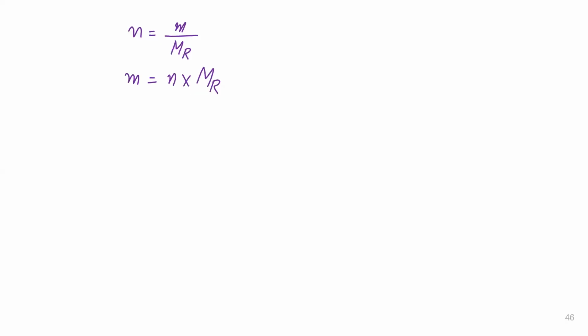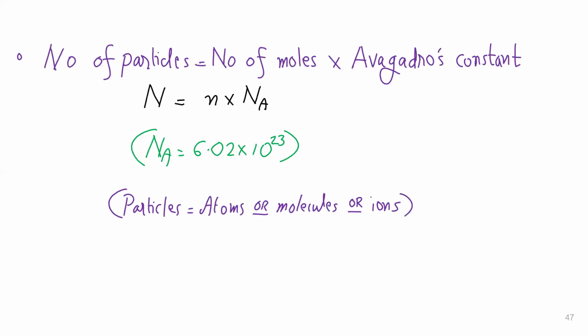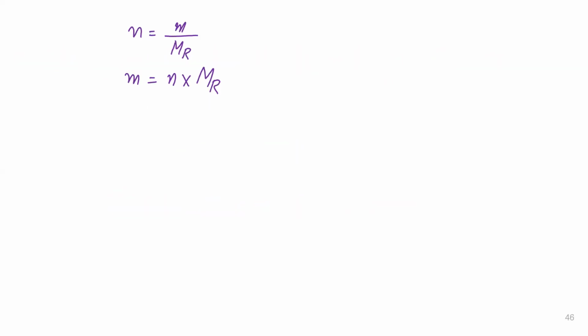How do we find mass? If we know the moles, number of moles is equal to mass upon molar mass. So mass is equal to number of moles into Mr. Now, my next formula, you have to copy this also, Mikhail.